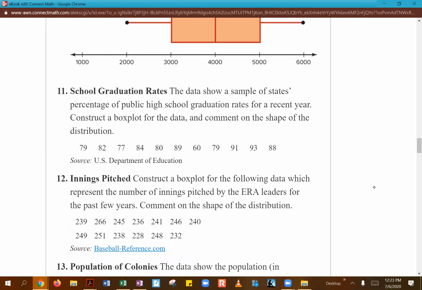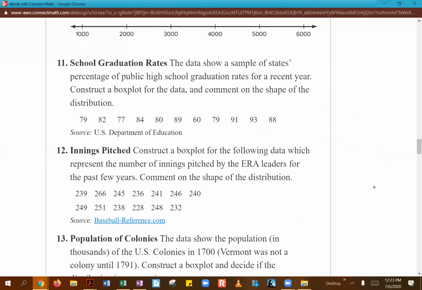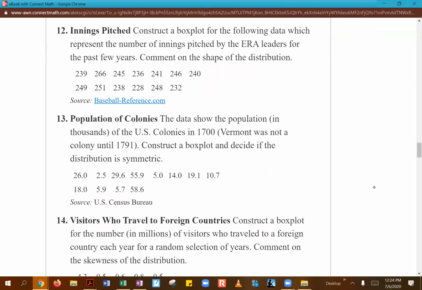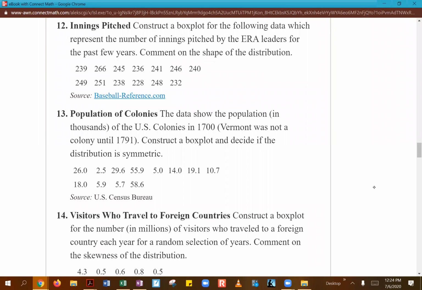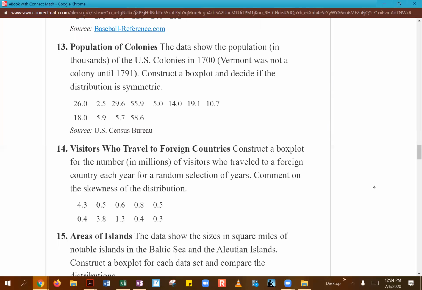So let's try and construct our own example over here. Let's look at number 13. They're saying the data shows the population in thousands of the US colonies in 1700. They're saying Vermont was not a colony until 1791.